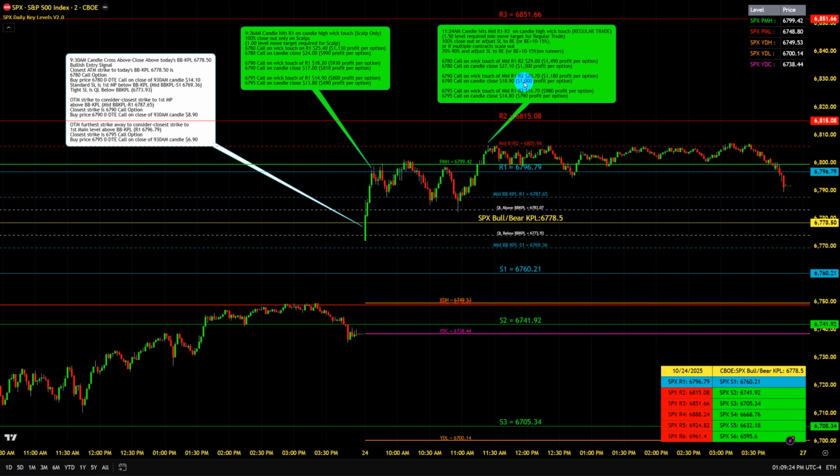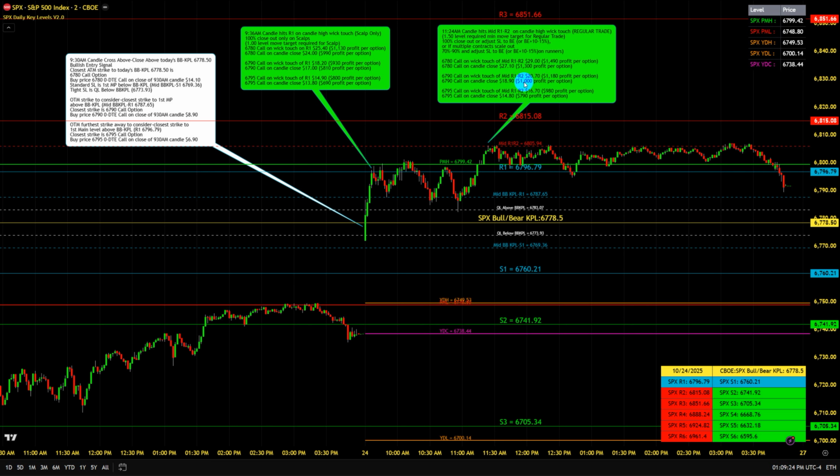Your other option, if you're trading multiple contracts, is to close out 70 to 90% of the multiple contracts that you're holding. And then on the remaining contracts left over, you would adjust your stop loss to break even or break even plus the 10 to 15% profit buffer on any remaining runners that you have.